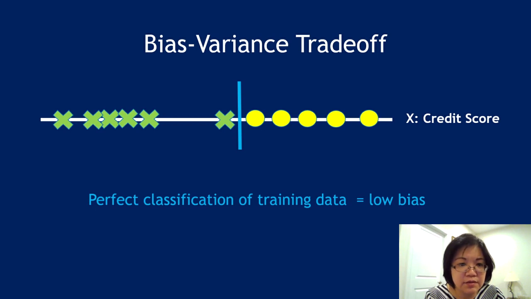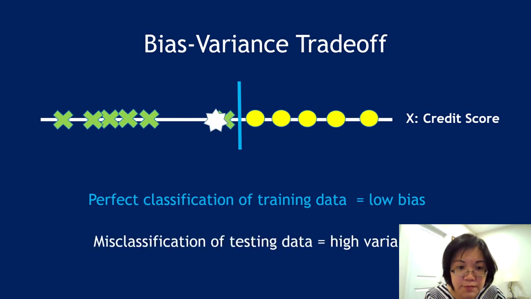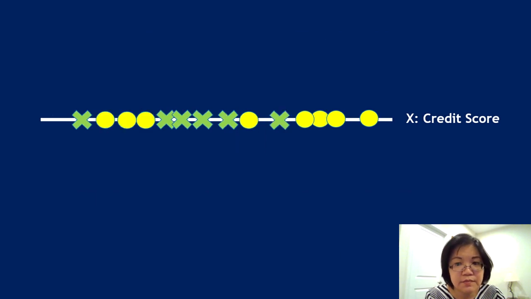So it still separates the green crosses from the yellow dots perfectly, which means that it produces low bias at the training stage. However, if we are presented with a test data point, which is this white star, then this model, the blue line, is going to misclassify this testing data point, producing very high variance.